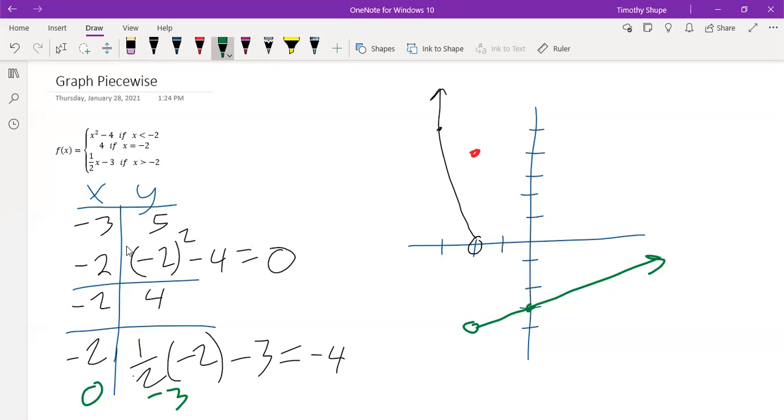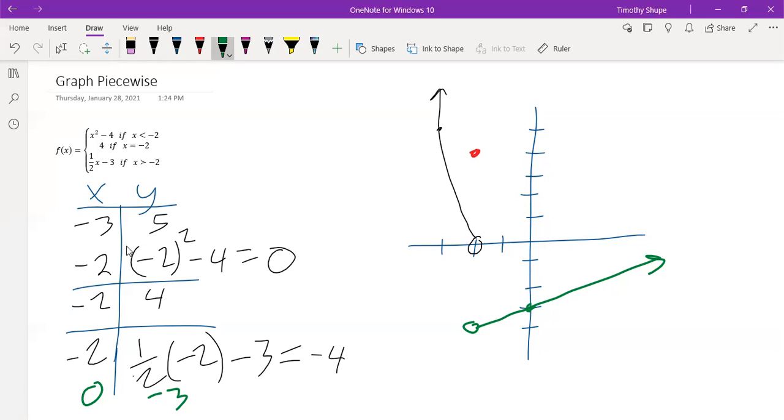So the three pieces of this function: we have the quadratic, the parabola shown in black, and that's only happening when x is less than -2. We have the constant function, which in this case is just a single point because it's only when x is equal to -2. And then we have our linear function that has a y-intercept of -3 and a slope of 1/2, and that's only happening when x is greater than -2. The first thing we did was find those transition points where the inequalities and the equations show.